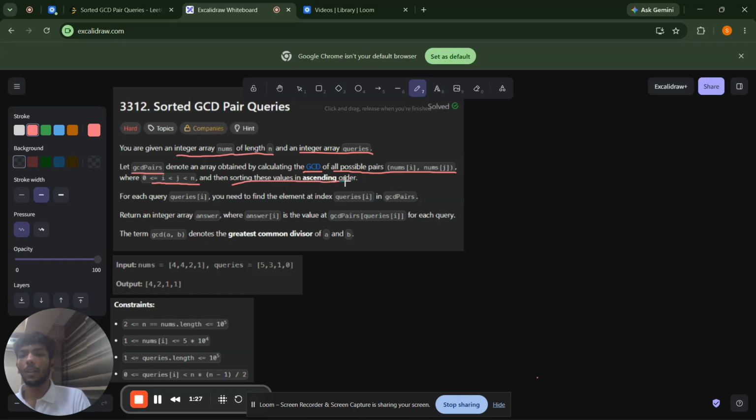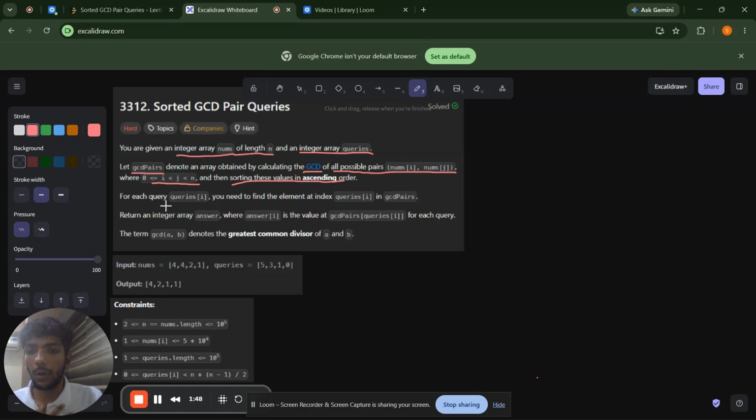Okay, so GCD pairs is an array which is formed by getting the GCD of all the possible pairs, and then we have to sort it in ascending order.